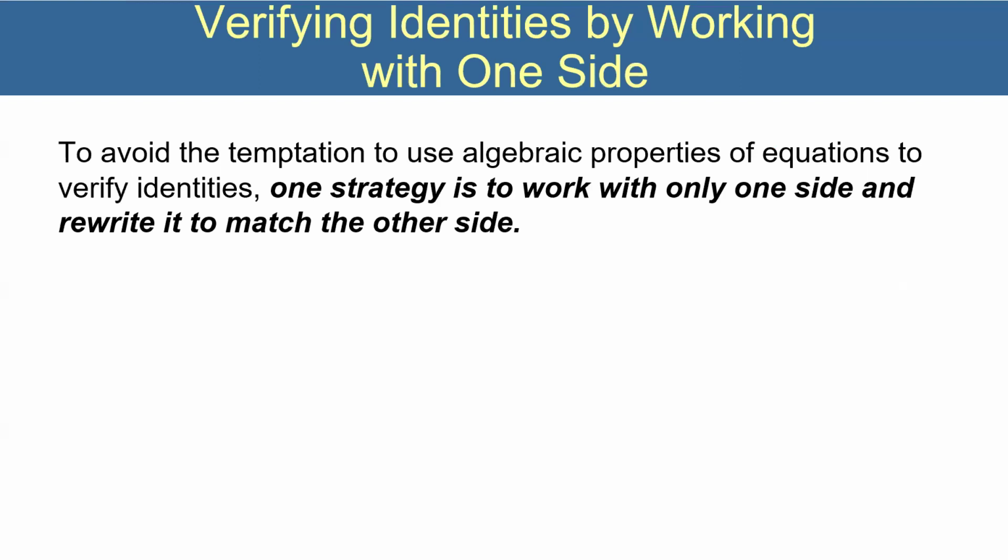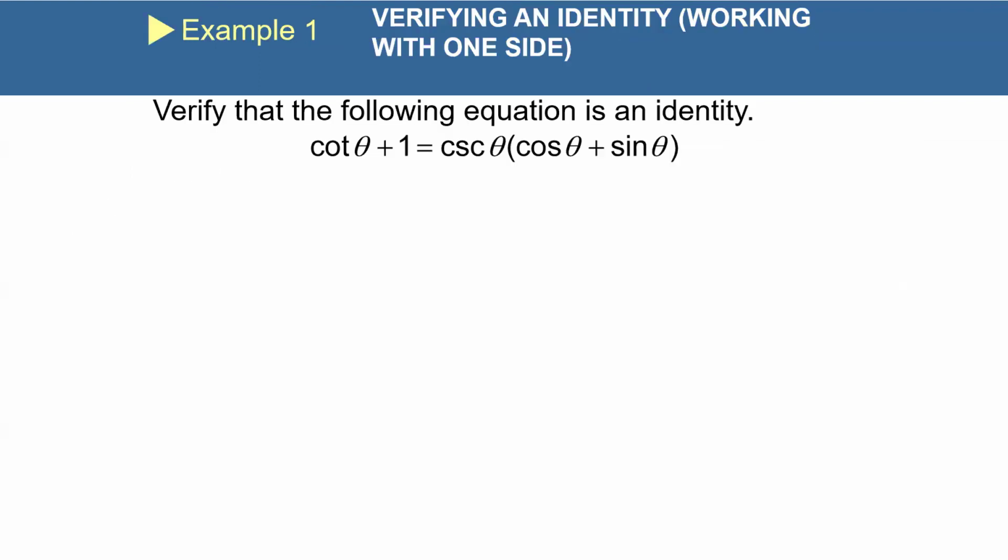So to avoid confusion, the first method that we're going to use, which is my preferred, is where you choose a side. You choose whether you're going to do the left side or the right side to make it equal the other side. It's the one-sided verification. When you're doing one-sided verification, you choose the most complicated side to make it into the simple side.